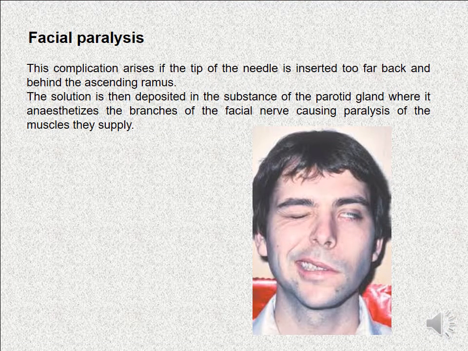The other complication of local anesthesia involving the muscles is facial paralysis. This complication arises if the tip of the needle is inserted too far back, behind the posterior border of the ascending ramus. The solution is then deposited in the substance of the parotid gland, where it anesthetizes the branches of the facial nerve, causing paralysis of the muscles they supply.